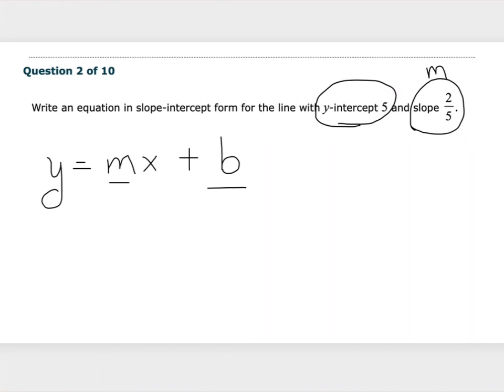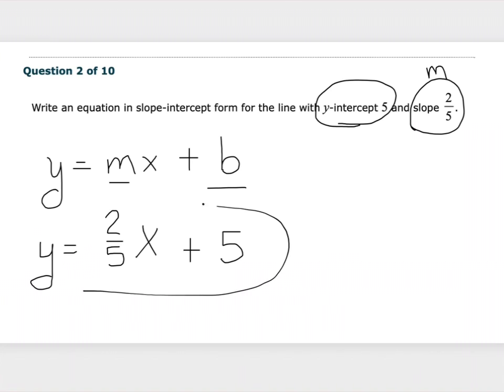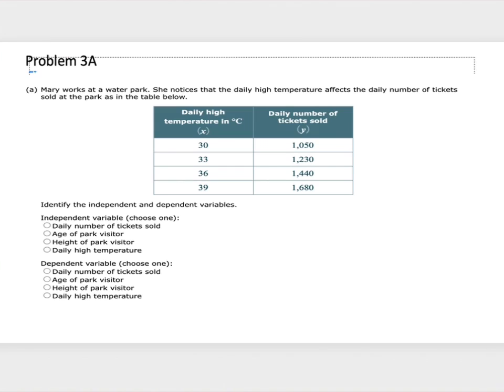So now we do a substitution here. The y-intercept is 5, so we're going to make the b a 5. The slope is 2/5, so we're going to make the m a 2/5. It is the coefficient of the x, and then we just copy down the y equals, and that is the answer for number 2.